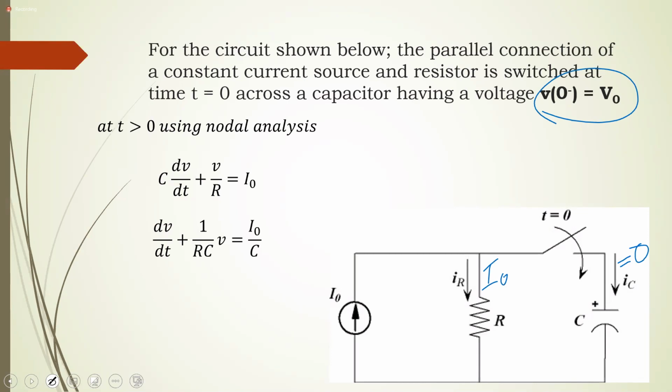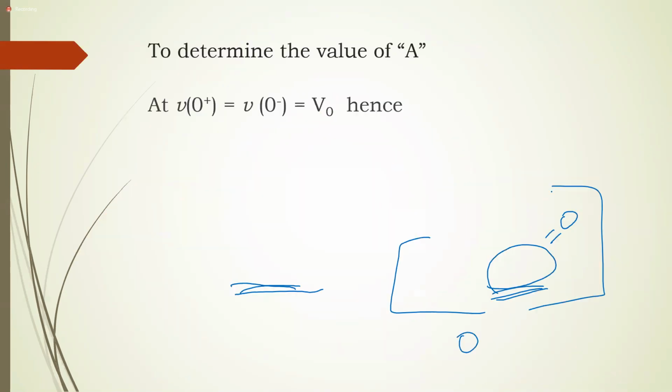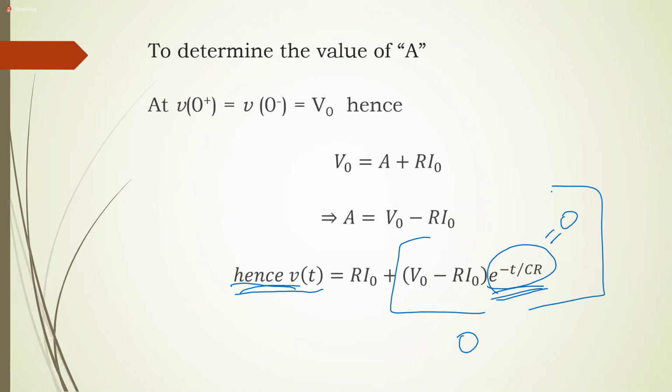So if I0 is passing through the resistor, what's the voltage across it? R times I0, which is what we just showed, because at infinity this tends towards 0, which means that Vt tends towards R I0, because all the current will now be flowing through the resistor.